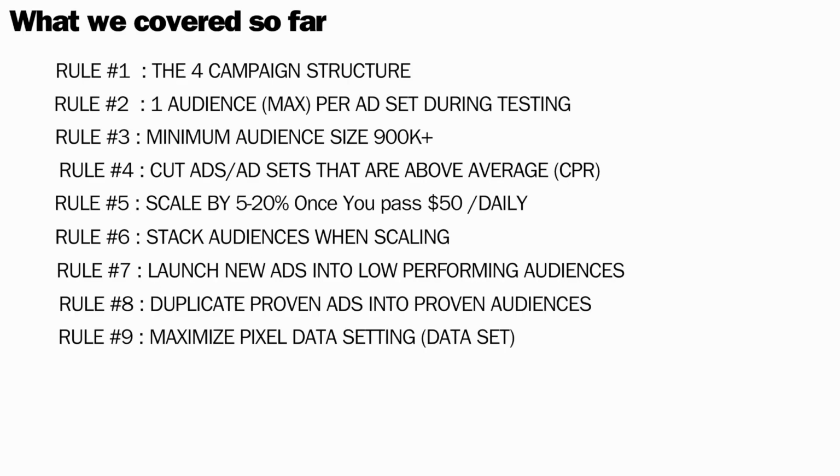What we have covered so far, I'll just summarize all the rules, right? The four campaign structure: one audience max per ad set during testing, minimum audience size 900K, cut ad sets that are above CPR, scale by 5 to 20% once you pass $50 daily budget, stack audiences when scaling, launch new ads into low performing audiences, duplicate proven ads into proven audiences, and maximize pixel data setting.